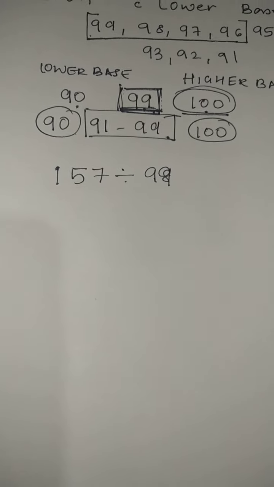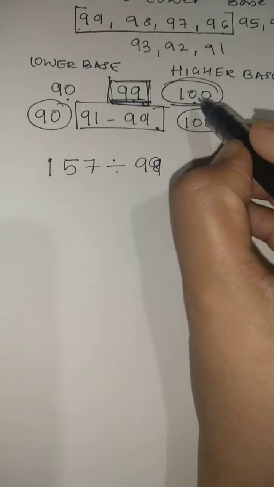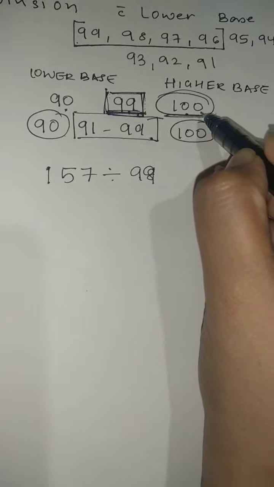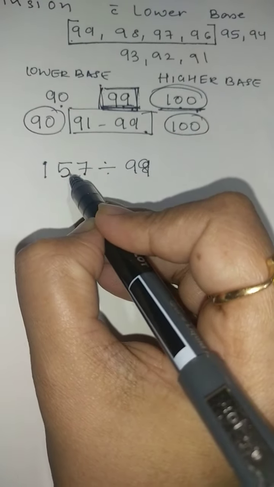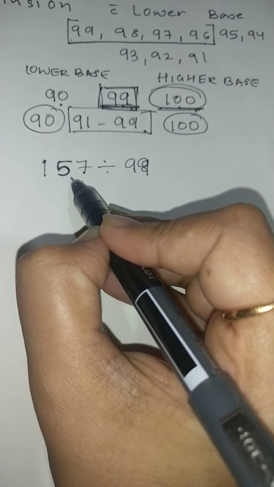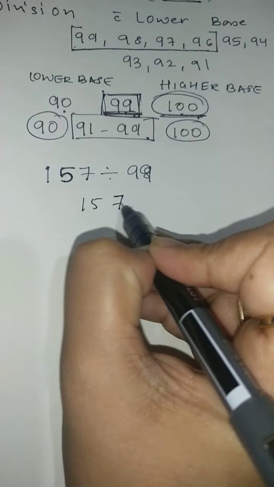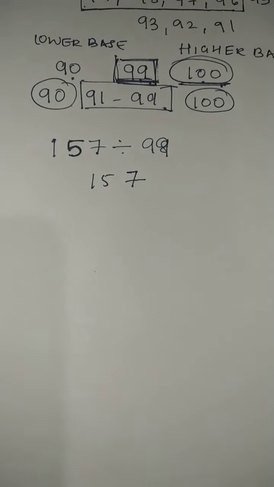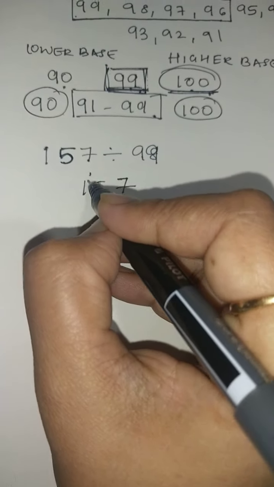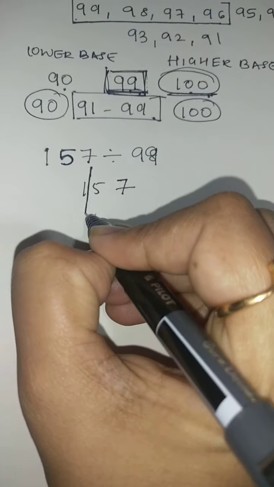What you have to remember is that here the higher base is 100. So units, tens, you will divide this 157 and create a crack.